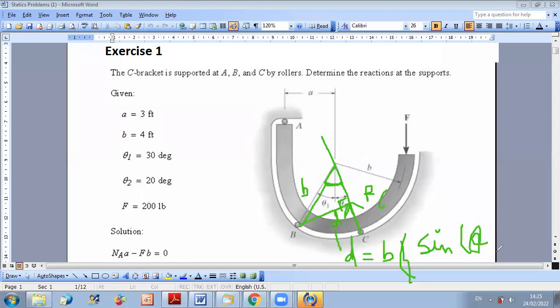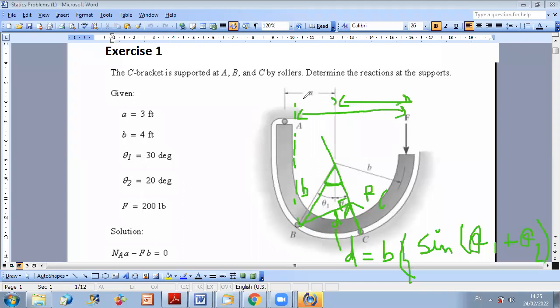You can do sum of moments about B if you want. But for other forces, the distance is not very straightforward. You should do calculation to get other distances also. If you want to do sum of moments about B of F, you need to determine this distance, so you should decompose it into two parts. It's challenging.